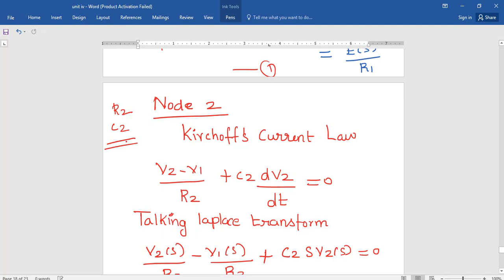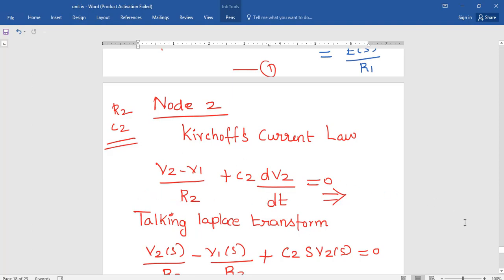There is no current leaving node 2. All the currents are entering node 2, and hence on the right hand side you have 0 because no current leaves node 2. And hence the equation is V2 minus V1 by R2 plus C2 into dV2 by dt. We have obtained the differential equation for node 2.